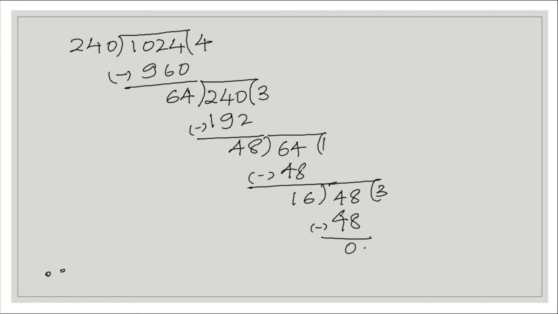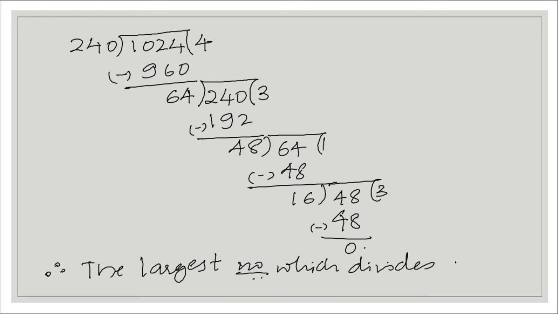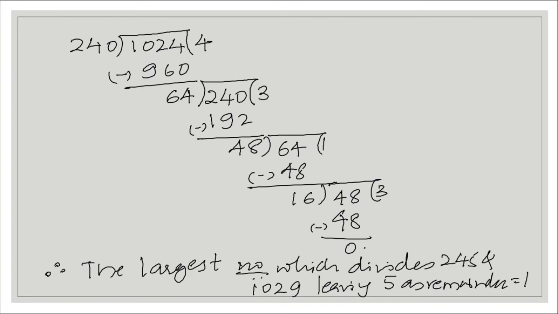Therefore the largest number which divides 245 and 1029, leaving 5 as a remainder, will be 16. Do you want to verify this?